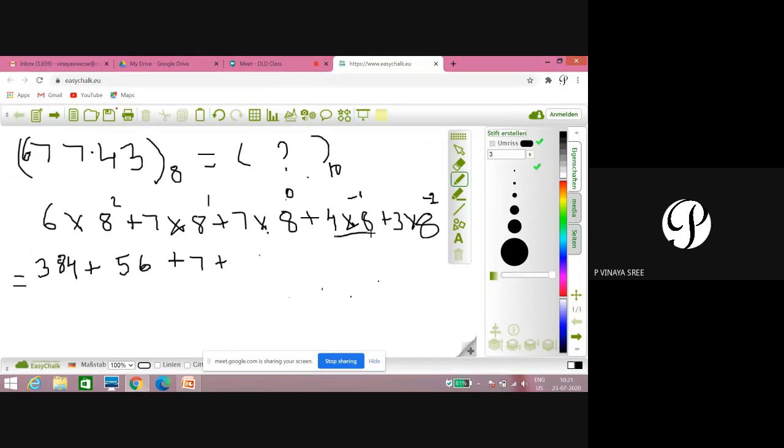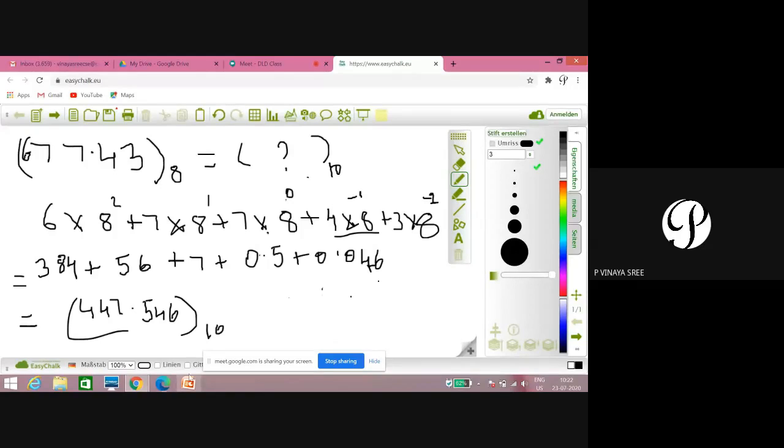What is this value? 447. And the fractional part: 0.5 plus 0.046. Finally, we will get 447.546 in decimal. So this is your conversion of octal to decimal.